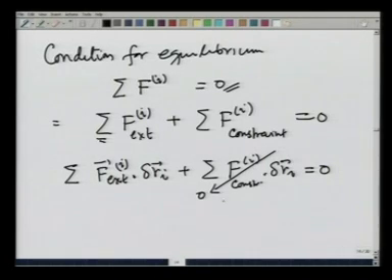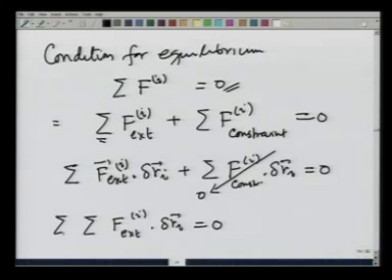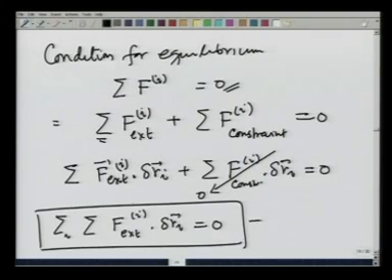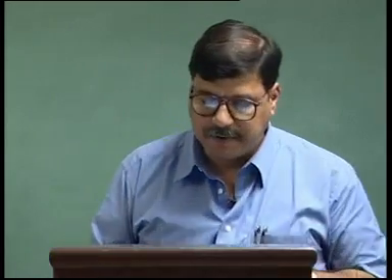Therefore, this second term vanishes, and this tells you that the work done by all the external forces together on each particle is 0. If the work done on each particle is 0, the net work, therefore, summation over i, is also 0. This implies delta W, the virtual work external, is 0. We have proved the necessary part of the principle of virtual work.